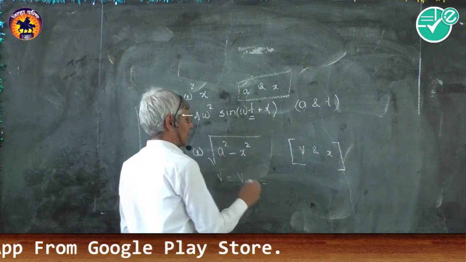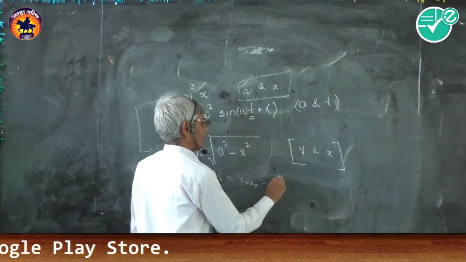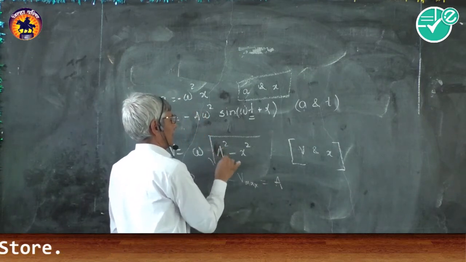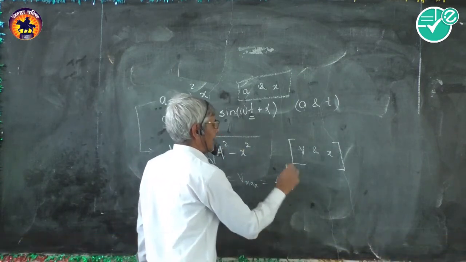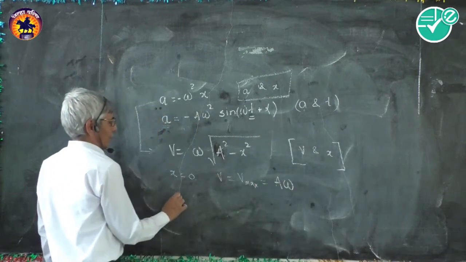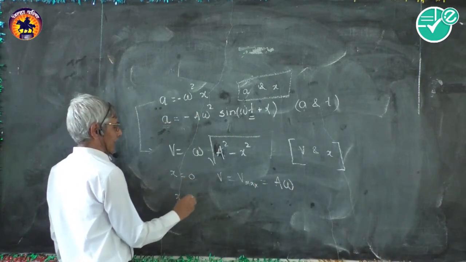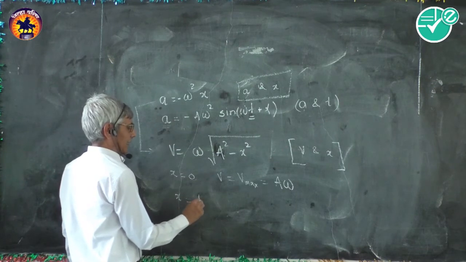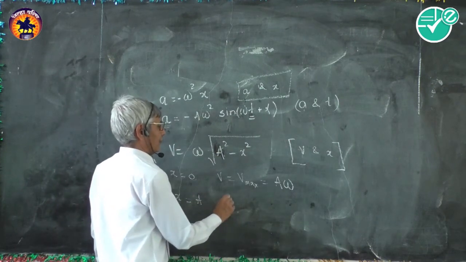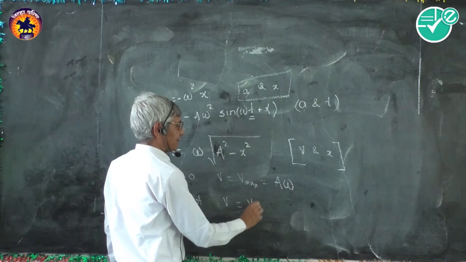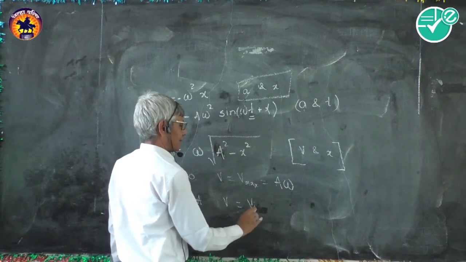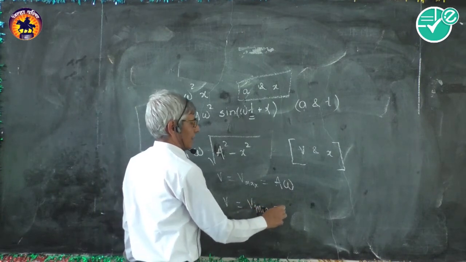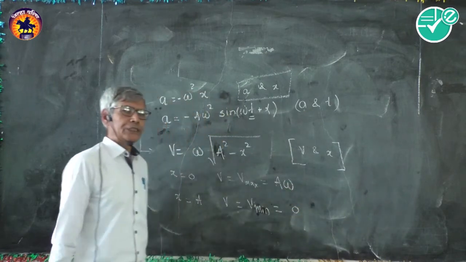When the particle is at either extreme, v will be equal to v minimum, and this minimum value of the velocity is 0.